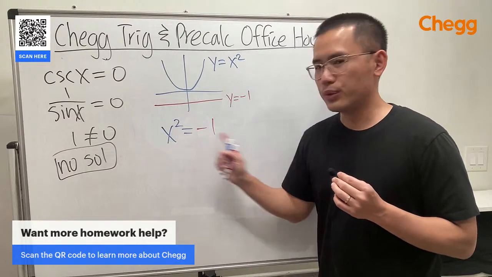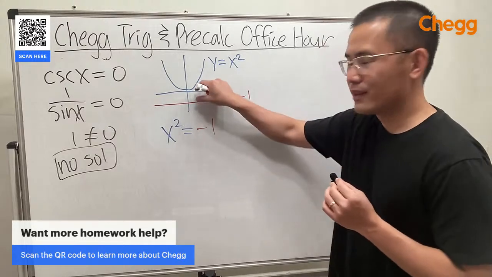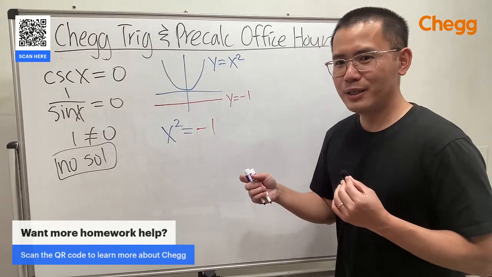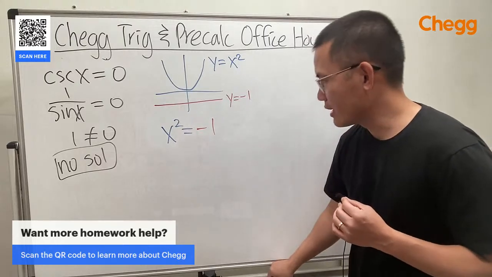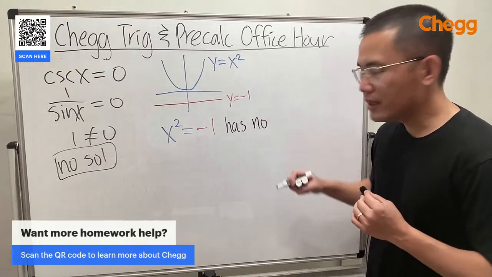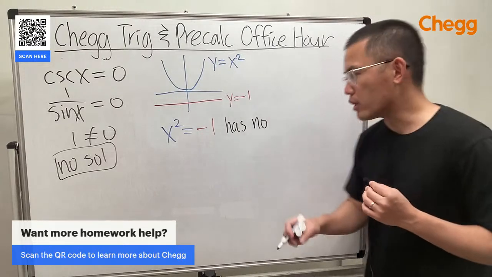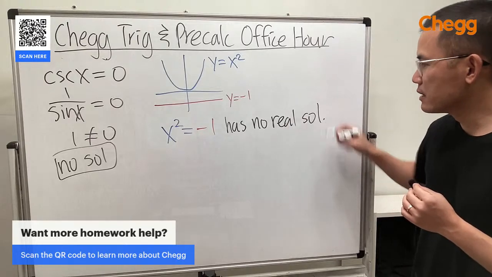The graphs don't intersect, right? So this right here is no solution. Yes, I'm going to write that down. This has no solution in the real world, so I would say it has no real solutions.